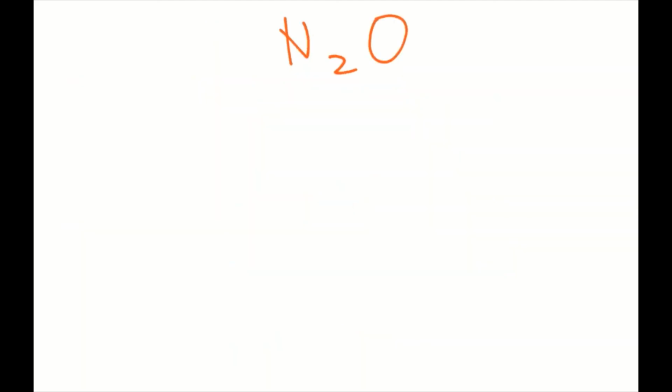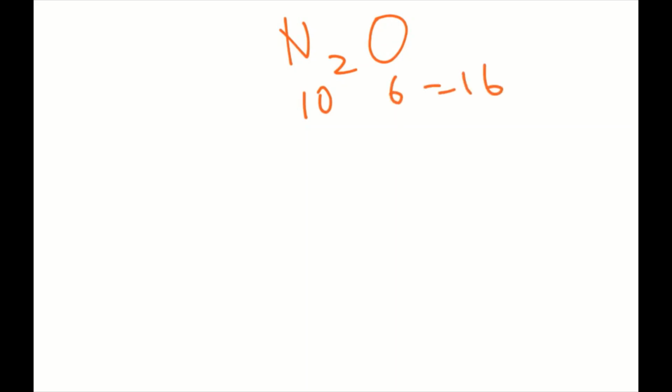So now let's do our last Lewis structure, N2O, also known as dinitrogen monoxide or nitrous oxide. Now N2O is also known as laughing gas. So let's draw the Lewis structure for laughing gas. So there are 2 nitrogens, so 10, and oxygen is 6, so 16.